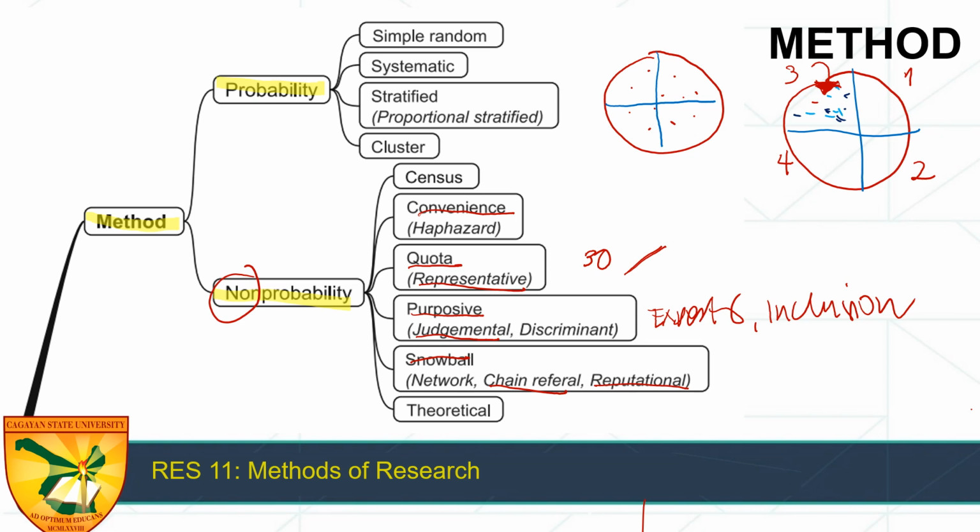For example, the usual example for this one is if you are interviewing HIV positive respondents. So you will ask them if they know others who are also HIV positive.